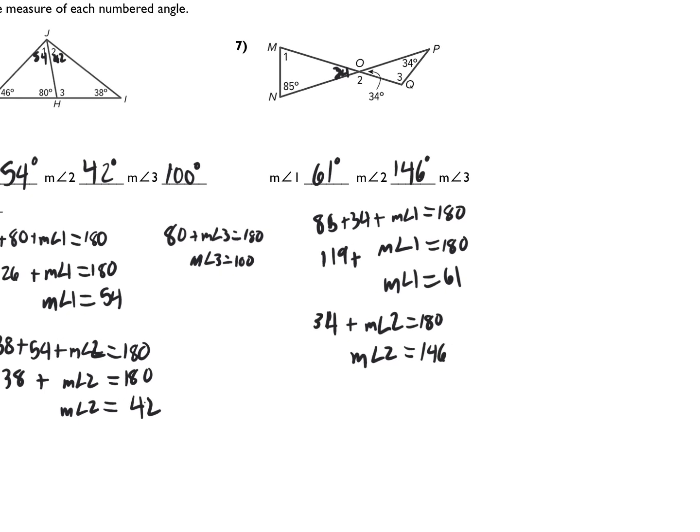And then angle 3 is going to be 34, two of those, plus measure of angle 3 equal 180. So that's 68, plus measure of angle 3 equals 180. So 180 minus 68 is 112.